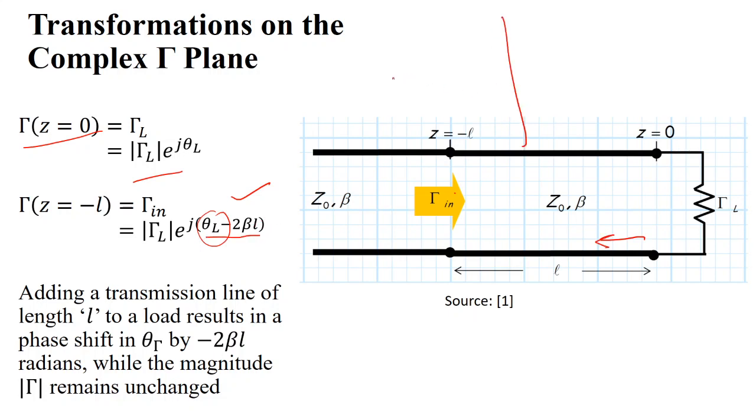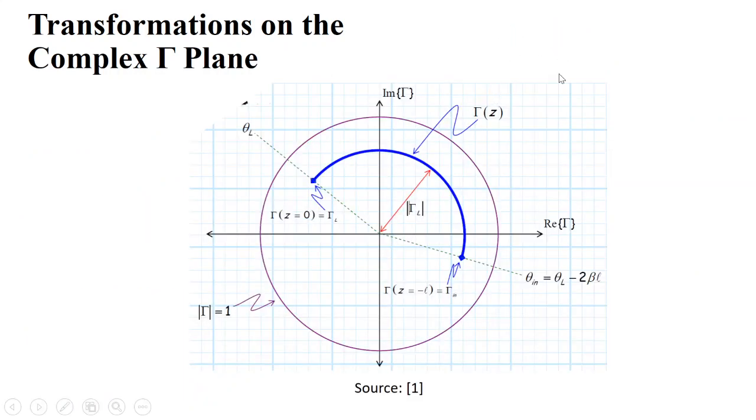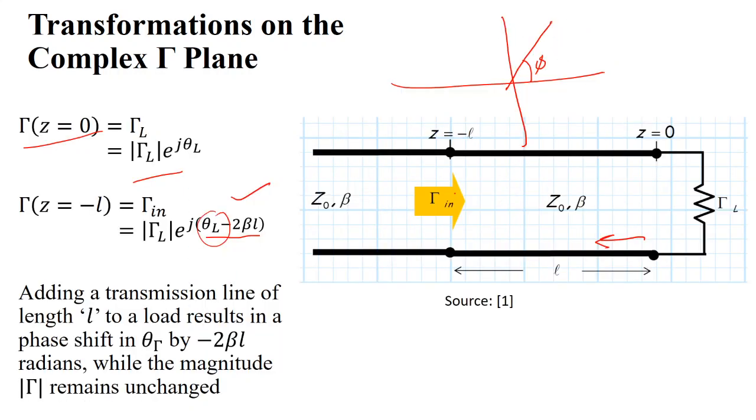So if this is the initial phase phi L, and this is the point, what will happen if you move toward this side? This is the load side, and this is called the source side, because the signal is coming from the source or the generator side.